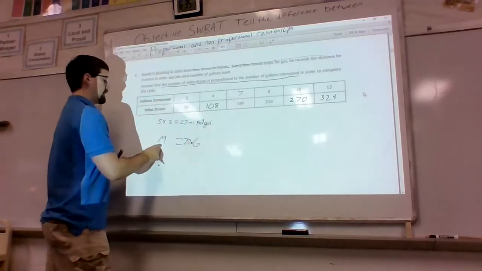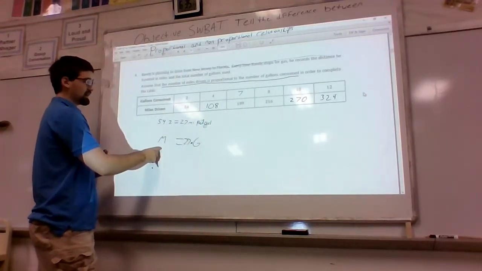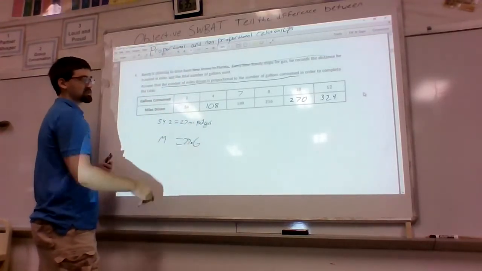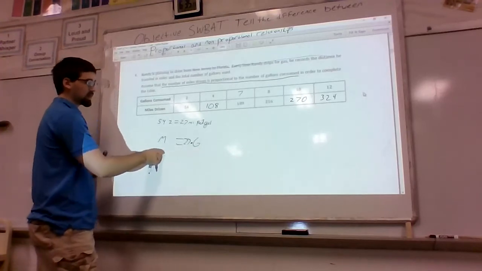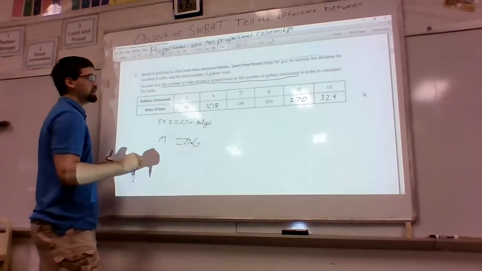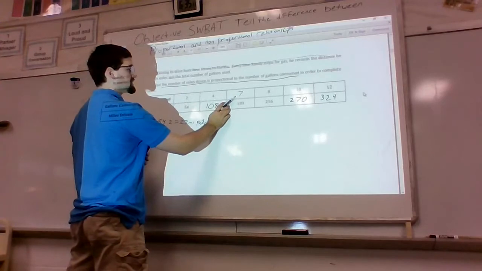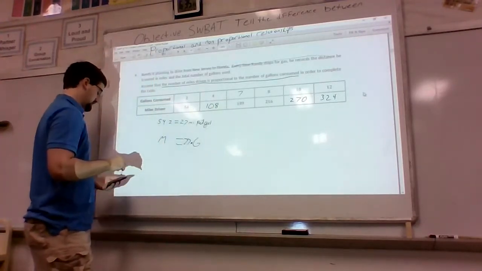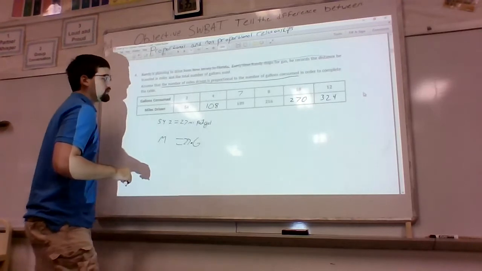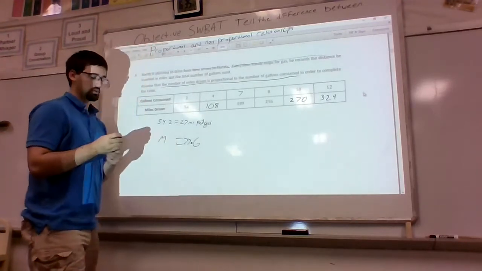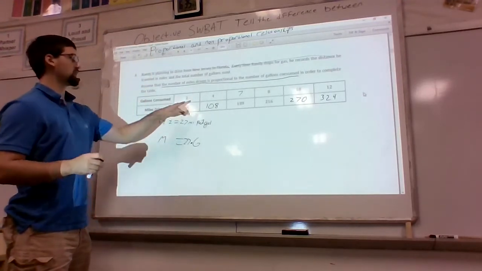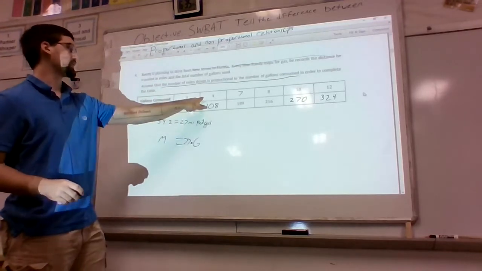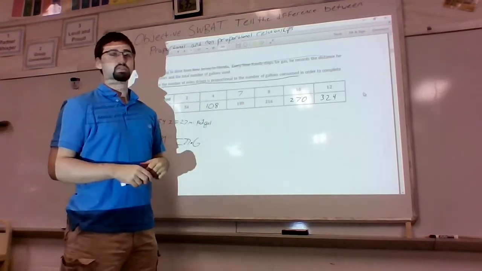Okay, so if the number of miles is 189, then the number of gallons has to be 7. It's the only way for this equation to work out. So I don't actually want 6 in here, I want 7. Okay. And so that's one way that going too fast and just looking at these numbers might cause some mistakes.